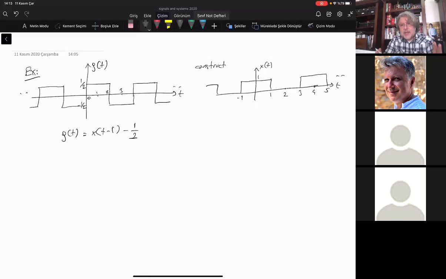Now, we can use all the properties to reflect the Fourier series coefficients of x of t to the Fourier series coefficients of g of t using the time delay formulas and all those things. Remember the properties in the previous page that we have seen. We are going to use them, except, of course, the DC coefficient, the zeroth Fourier series coefficient.